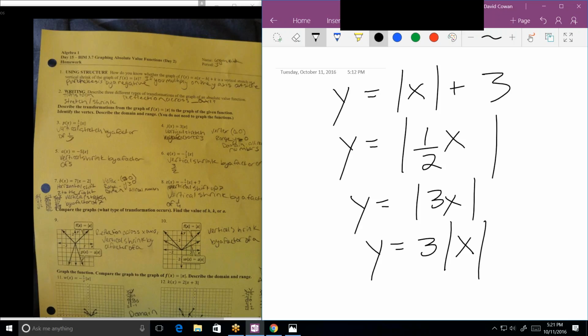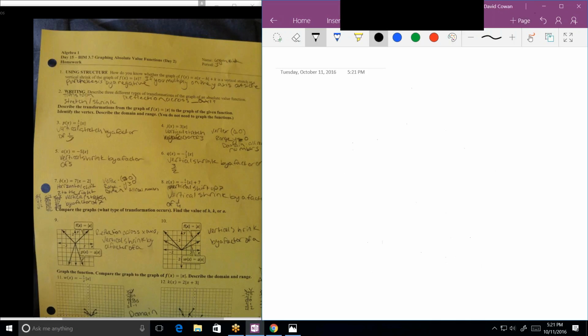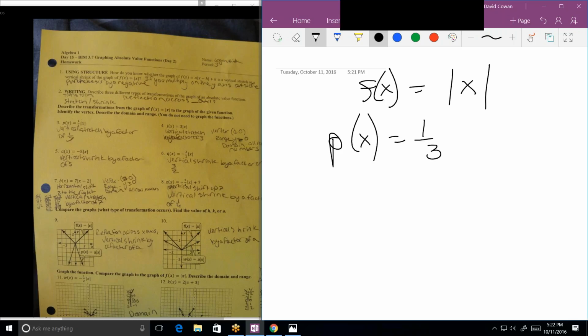Okay, let me look at some of these others here. Describe the transformation. I think we can do this without you seeing my page. So if the parent function, f of x, is equal to absolute value of x, that's the original function, then tell me what's going on when I have p of x equal 1/3 absolute value of x.